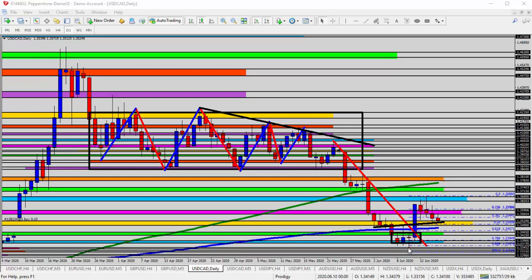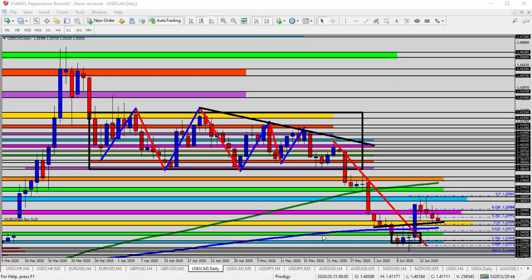It hit the low down here in the 133s and has rebounded quite a bit back into the 135 level, right around that yellow shaded area, 1.35, and the current market price.